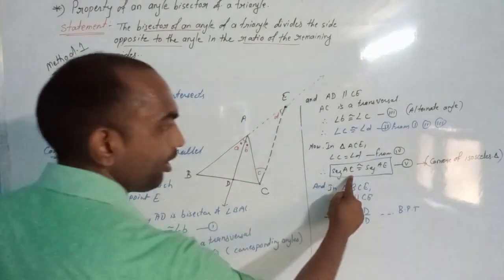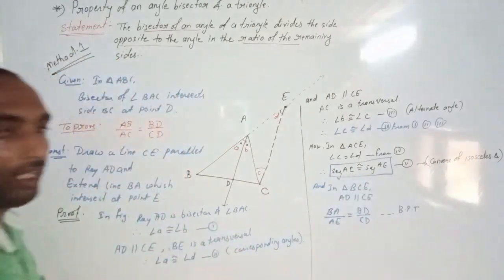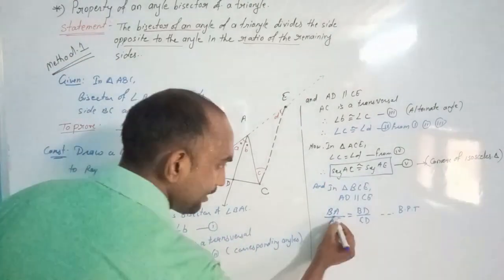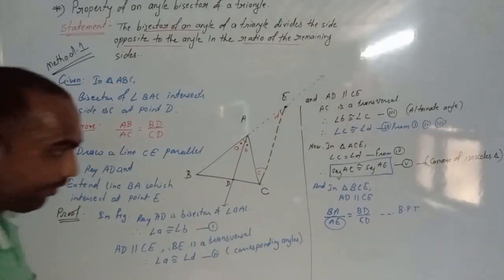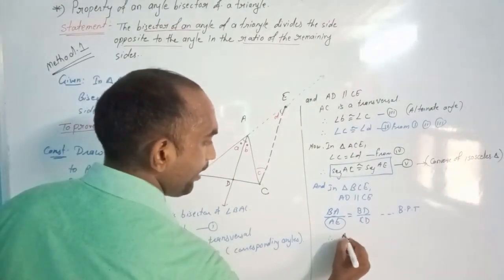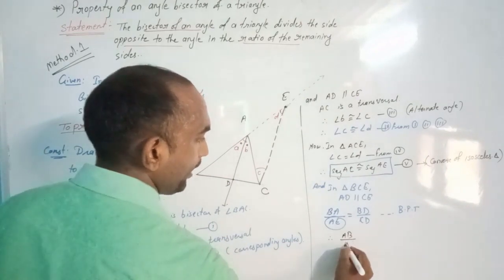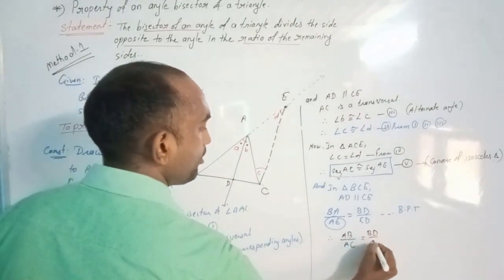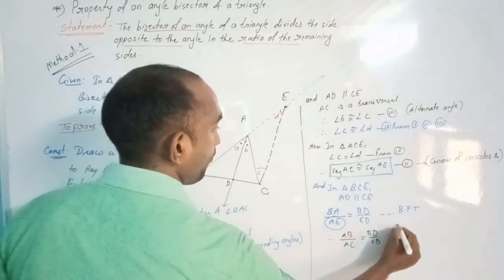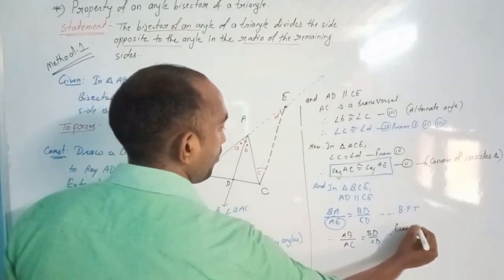But here we had already proved AC is congruent to what? AE. So can we replace AE with AC? So we will get AB upon AC is equal to BD upon CD from 5.